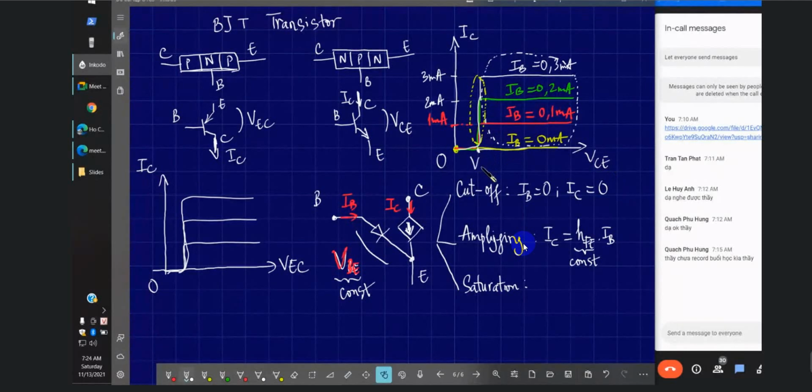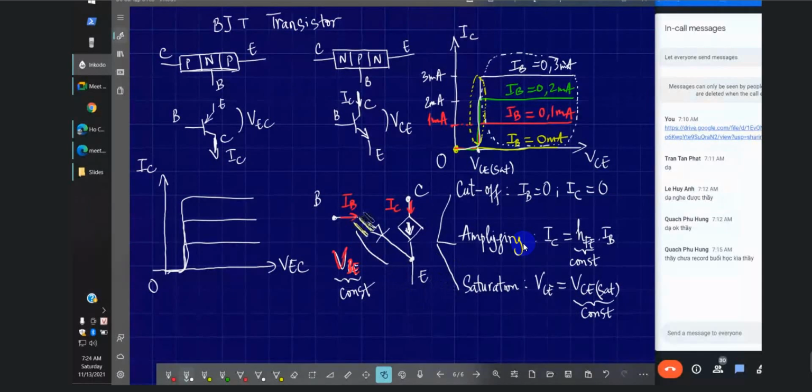We call it the VCE saturation, where VCE equals VCE saturation, and this is a constant that we can find on the datasheet of the transistor.